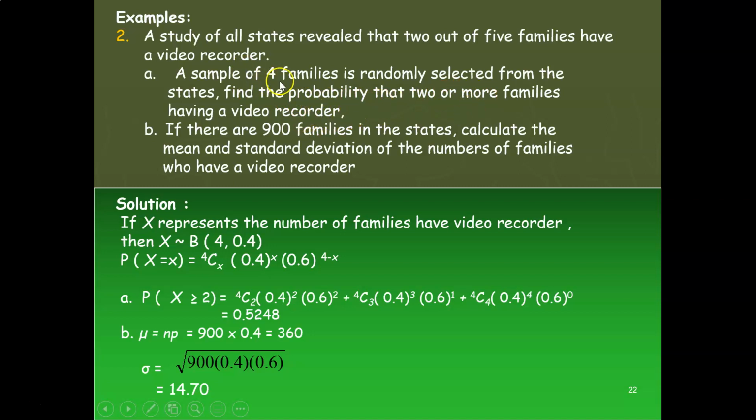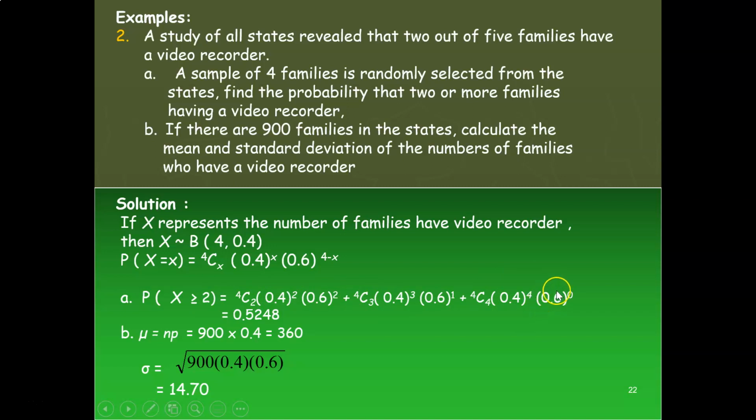So you have your n equal to 4 and your r is greater than or equal to 2. If you have greater than or equal to 2, it means you have x equal to 2, x equal to 3, and x equal to 4.